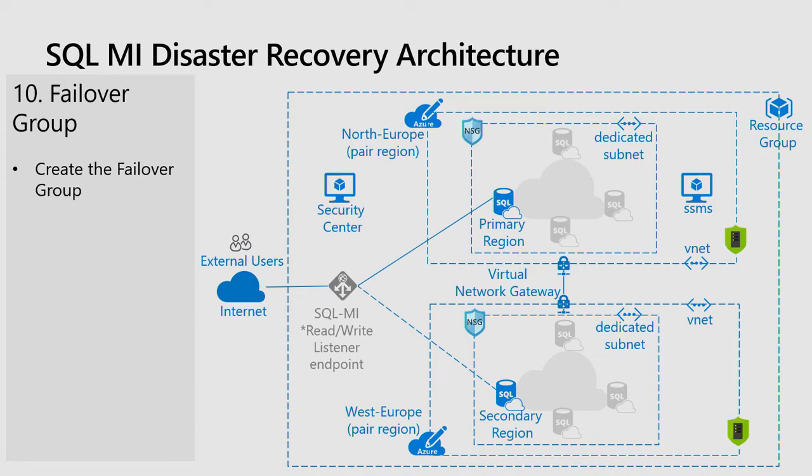However, my SQL managed instance read-write listener endpoint will always be the same. If something happens with North Europe, your application will go through West Europe. What we are going to do now together is create that one for you, okay?